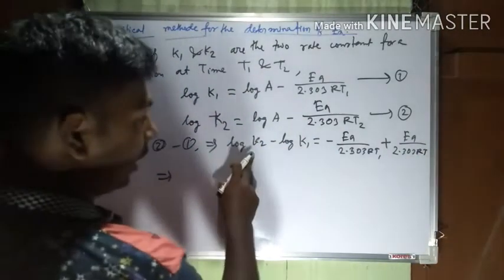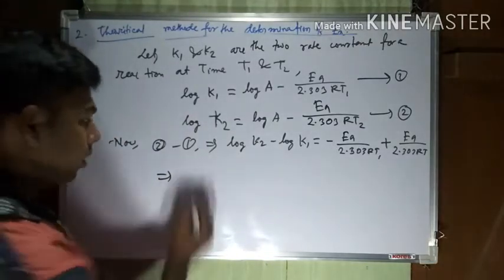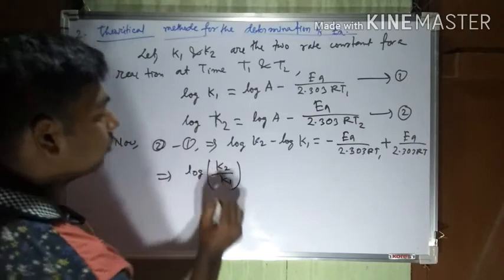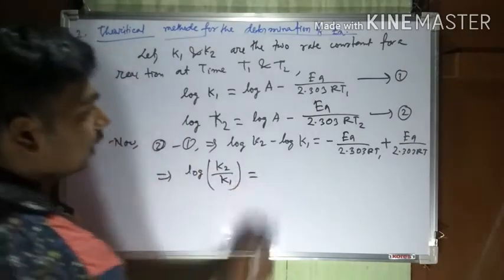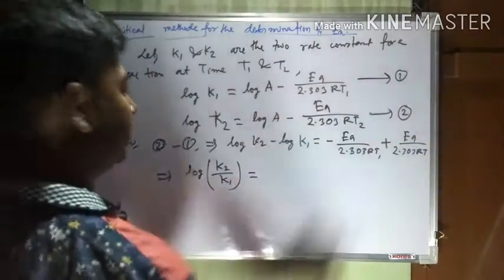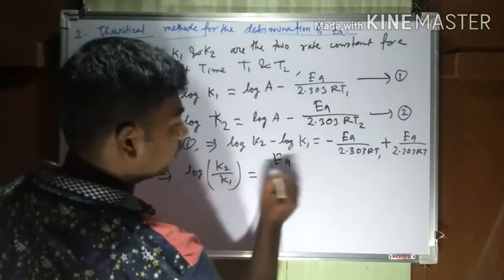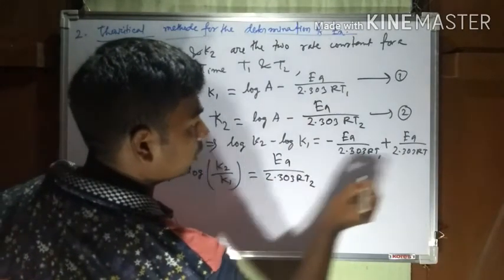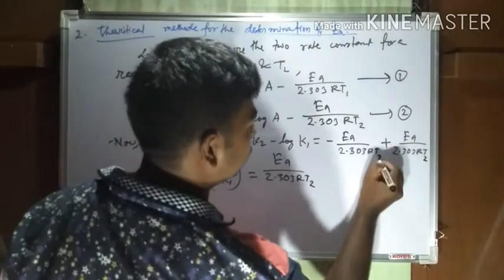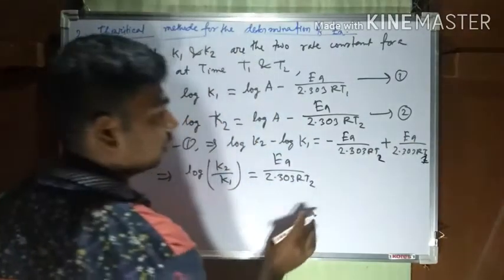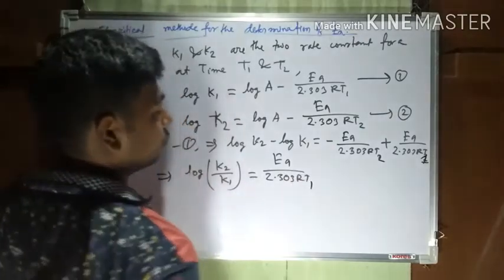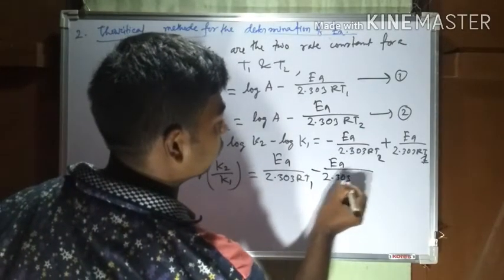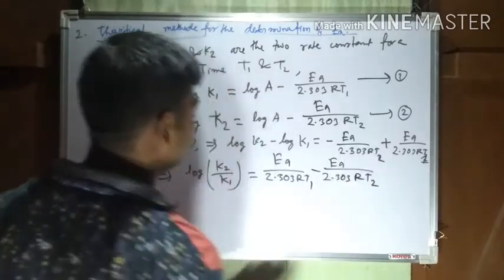Now again, using the formula log A minus log B equals log of A by B, and if we interchange, then it becomes EA by 2.303 R times 1 by T1 minus EA by 2.303 RT2.